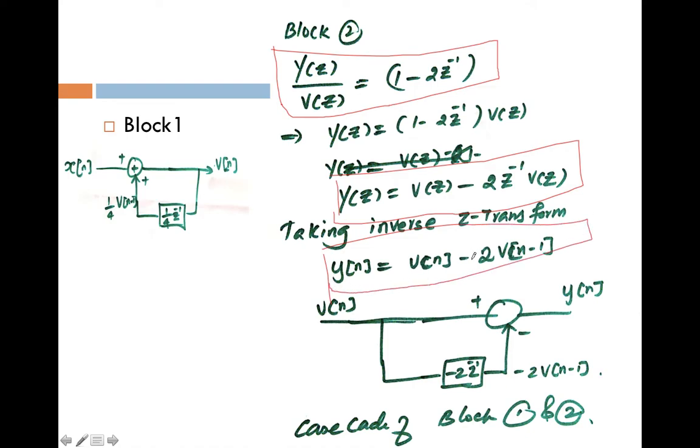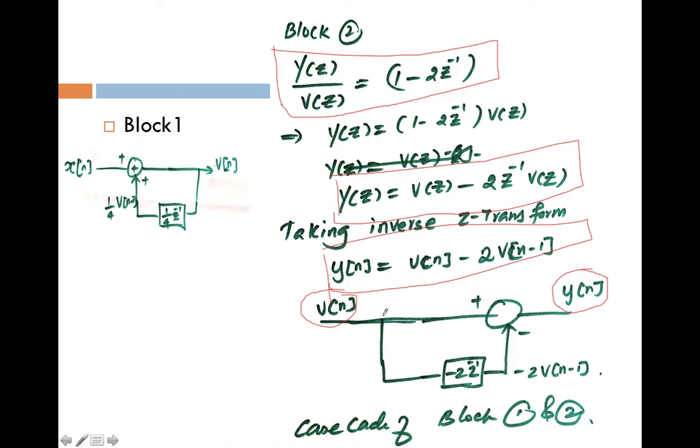This is feed forward. Okay, so this is forward, and the output is y of n and the input is v of n. The output y of n is the difference between the input and the delayed version of the input signal.